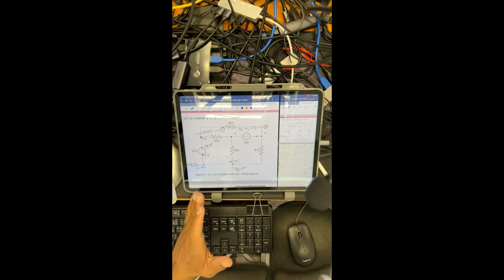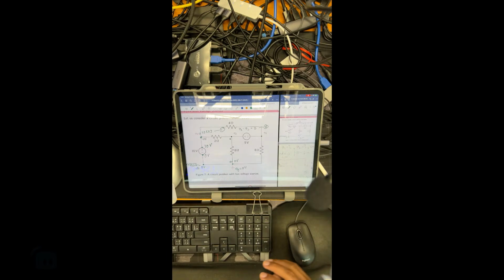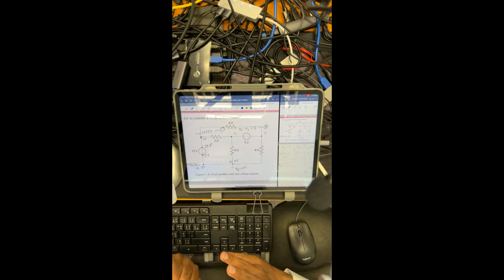The technique is the following. Have you ever heard of the supermesh in the third chapter on mesh analysis?